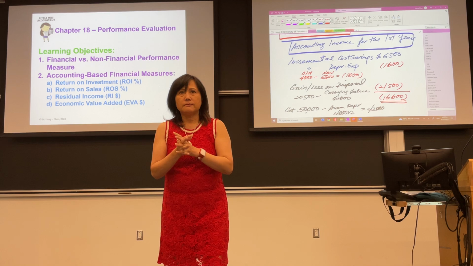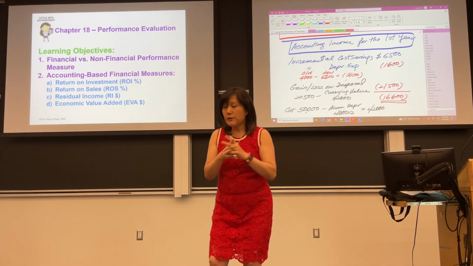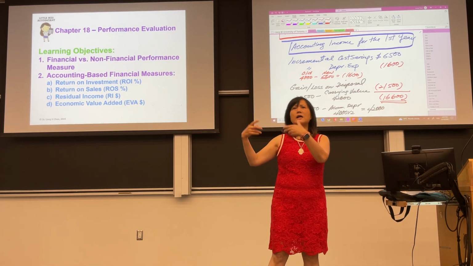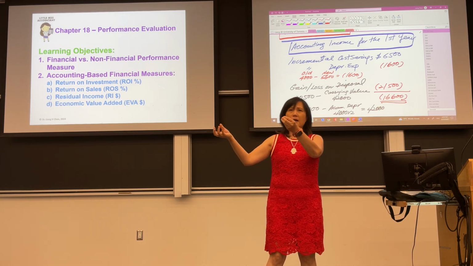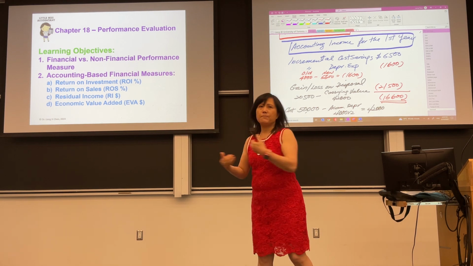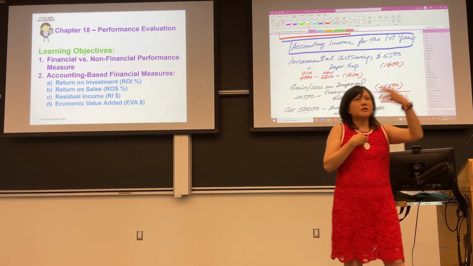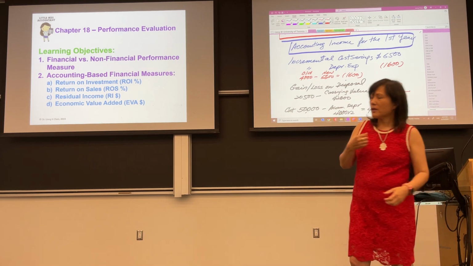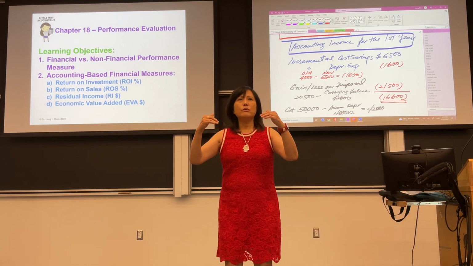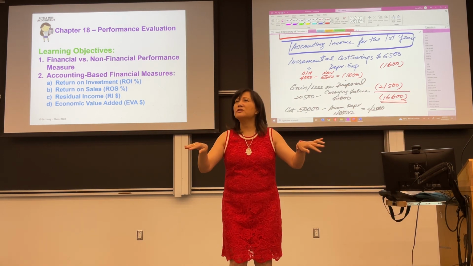Becomes not fair. Because if you reward the manager who does not have lots of capital expenditure, does not pay lots of interest, then they get more benefit. But I invest, I have lots of interest to pay, doesn't look good on me. So sometimes we forget about interest.